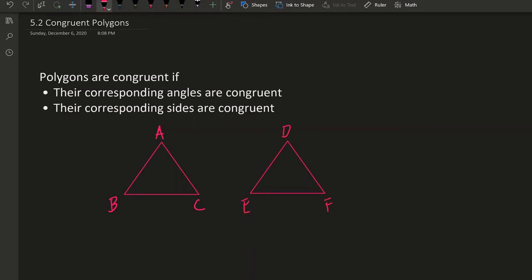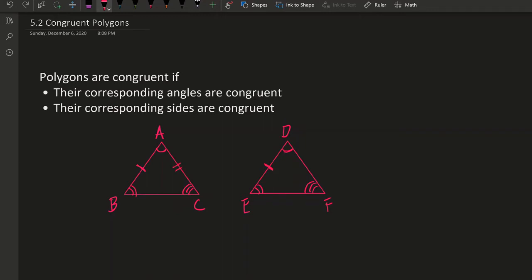Now, in order for them to be corresponding pieces, they have to be the same piece but on a different shape. So, for example, angle A would be corresponding to angle D. Angle B would be corresponding to angle E, and angle C would be corresponding to angle F. In the same way, side AB would be corresponding to side DE.